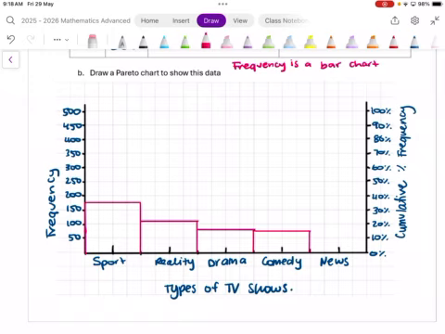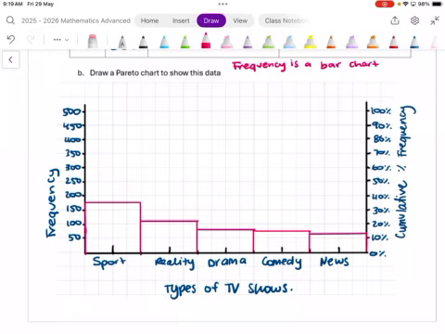And then the news is 68. Okay, so it is a little bit tricky to get our frequency bar chart done because we have such a long axis, okay? But as long as it shows roughly where it is.